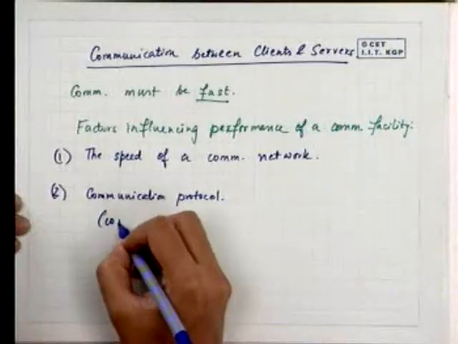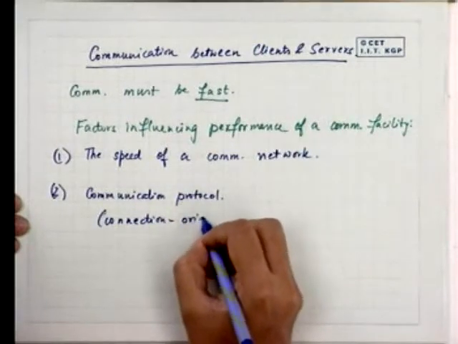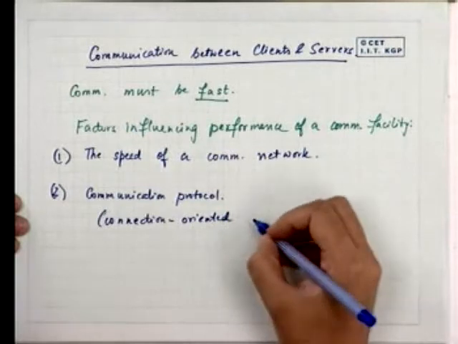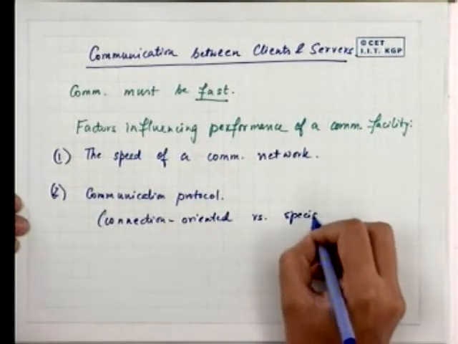But there can be specialized fast protocols which provide faster communication, especially across a WAN. So whether it is a connection-oriented protocol like OSI or TCP versus specialized fast protocols.